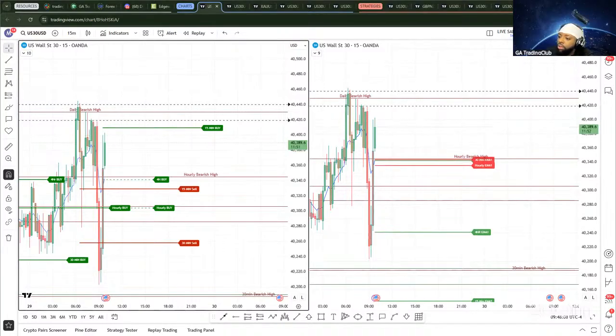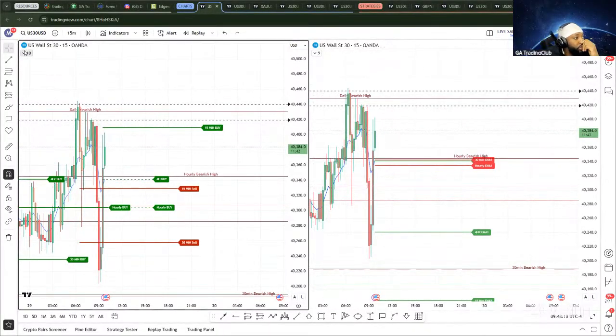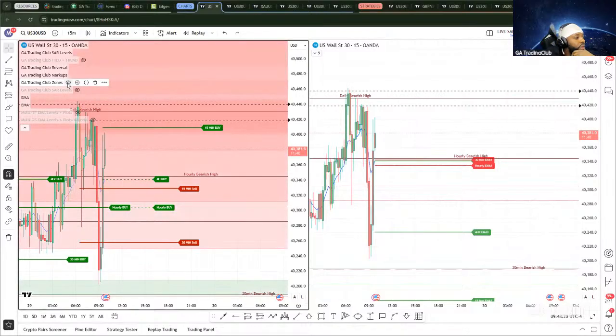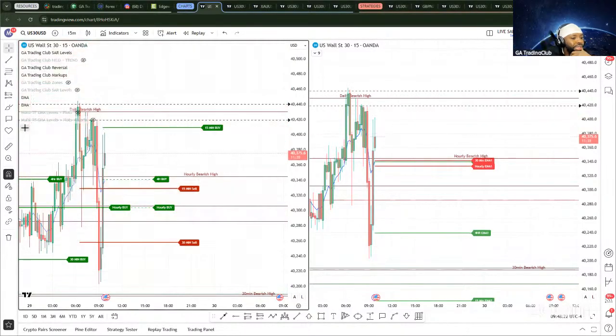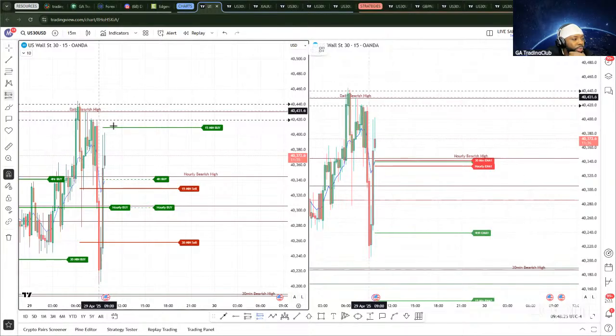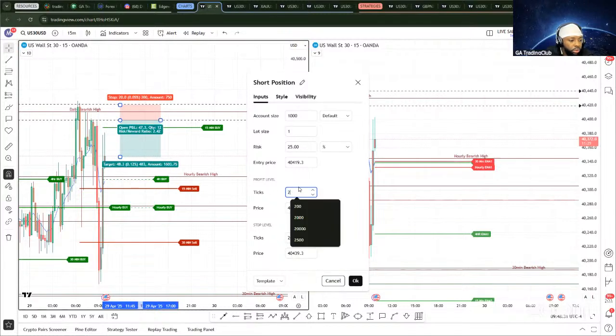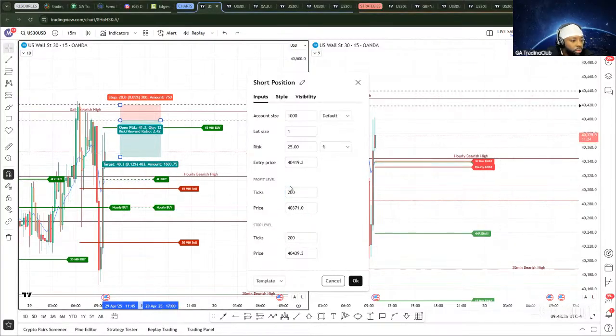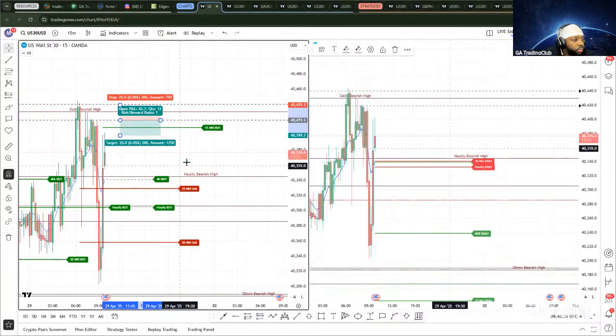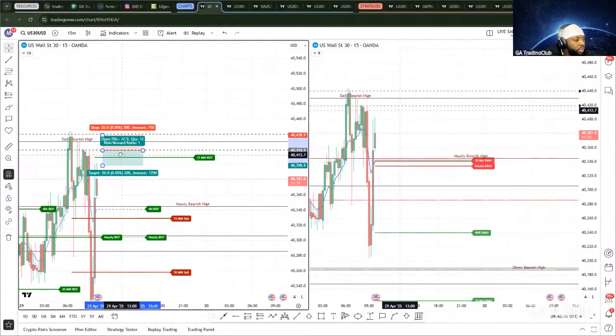So here what we need is, so this is 15-minute. Okay, so this is perfect. If this comes in, this would be a perfect entry. There's this one right here, and it's also next to an order block.